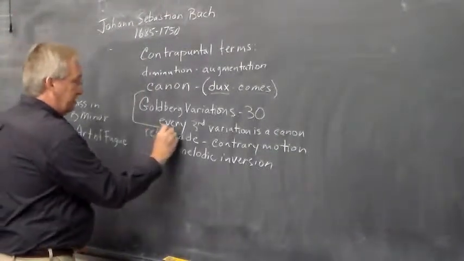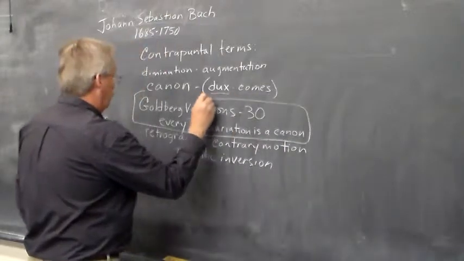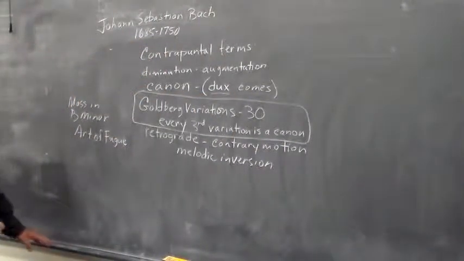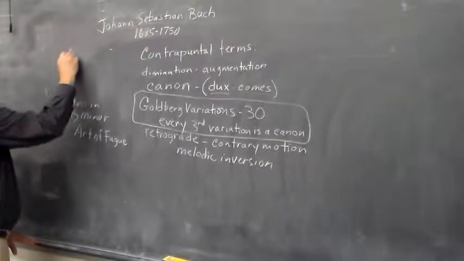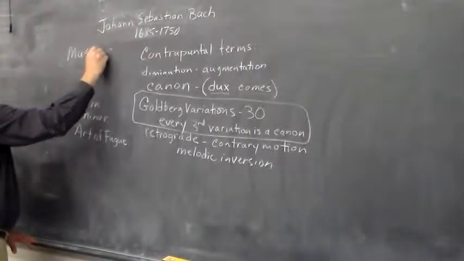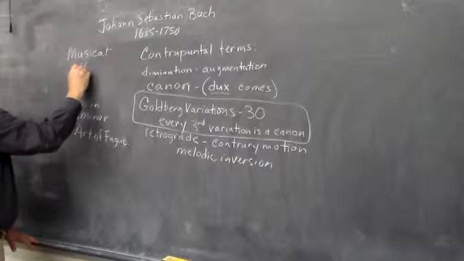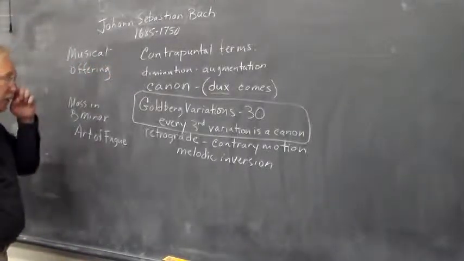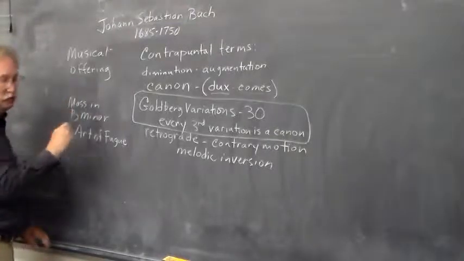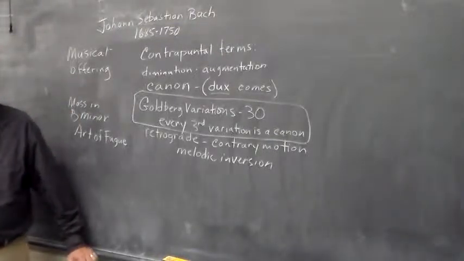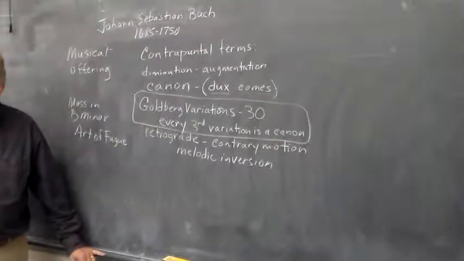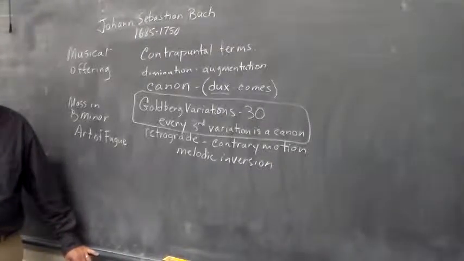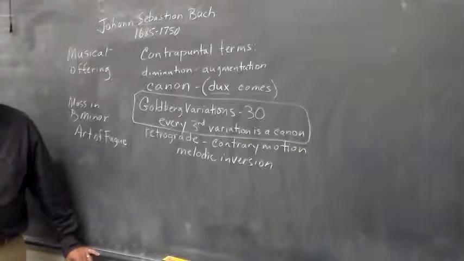We'll put this in parentheses, so this is something that's just a work. Another work that's really important that makes use of lots of contrapuntal writing is the work that's known as Musical Offering. And this great work was given to Frederick the Great of Prussia, who was the employer of his son, Carl Philipp Emanuel Bach.